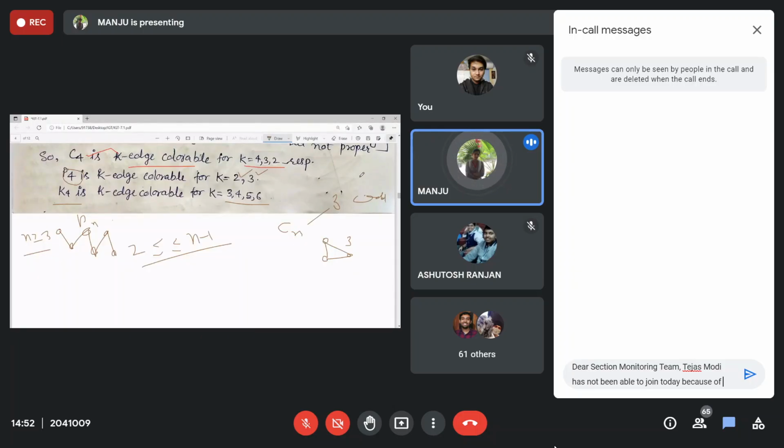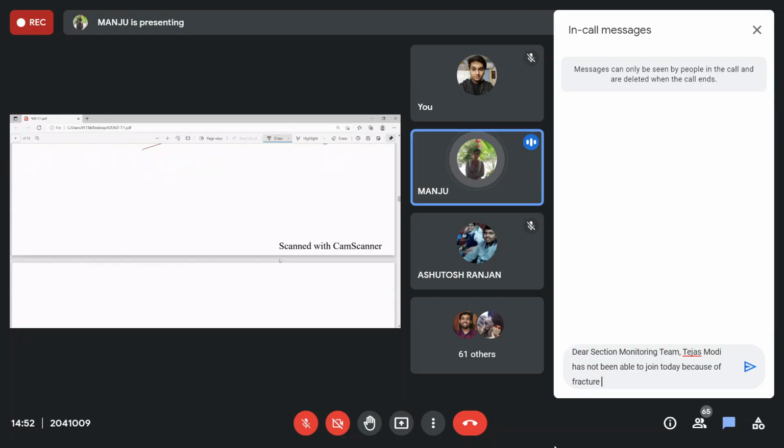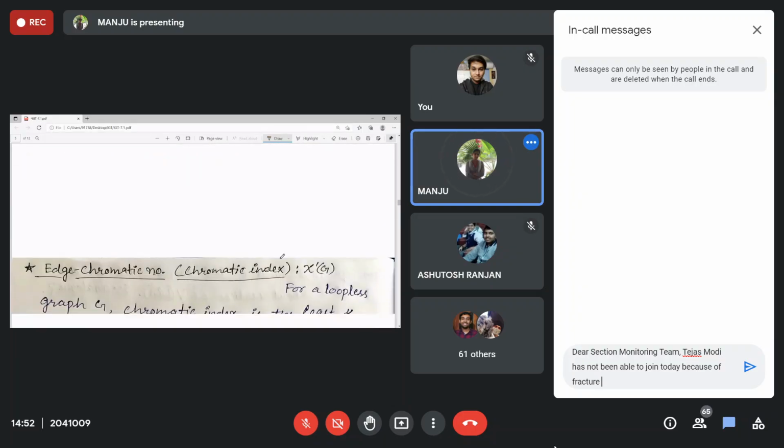Here minimum, maximum is n. Yeah. And for even alternatively the same colors, right? So 2 colors when n is even and maximum n. Clear? Now we need to discuss about Kn.